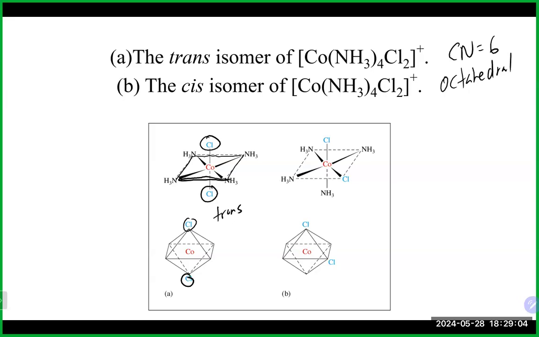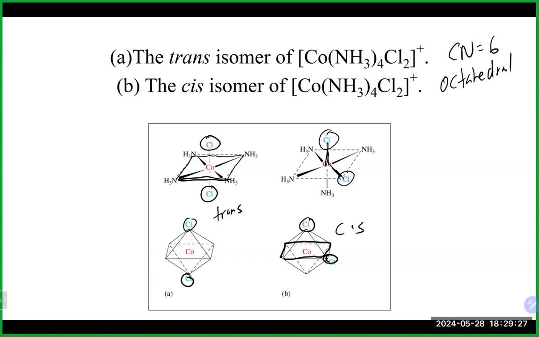And again, you can see here above and below the plane of the molecule. Here at this one on the right, they are about 90 degrees of each other. They're on the same side of the plane of the molecule, and this would be cis. That will happen if you have somebody at one of the corners and the one up, or even the one on the bottom and one of the corners would also be cis.